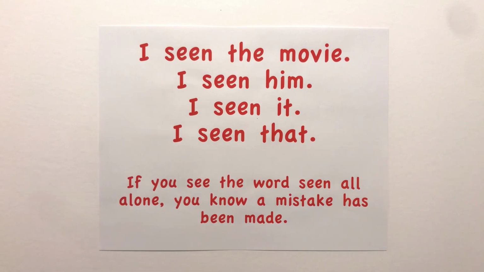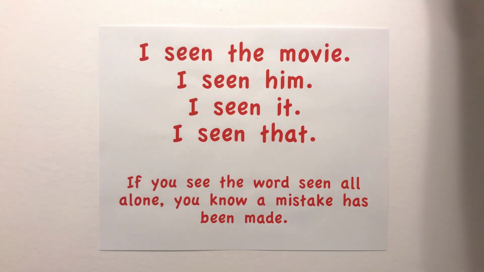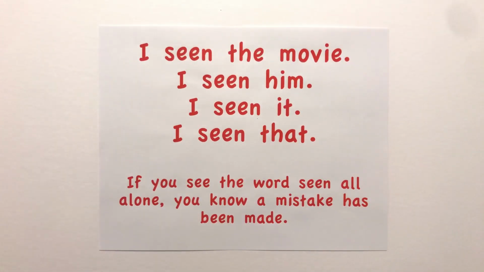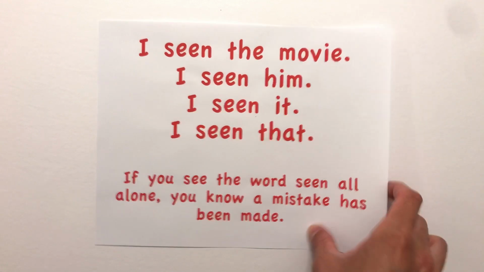All of these, and the original example of I seen your mistake, all of these are incorrect usage of the word seen. The short form way to know that, the trick, is that if you see the word seen all alone, you know a mistake has been made. Now, let's expand on that so that you understand it a little bit better.